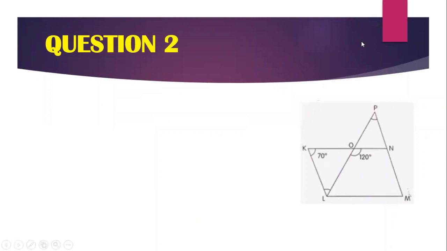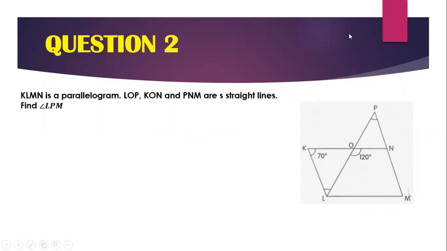Okay, now we go to the next question. Question 2. Look at the diagram. K, L, M, and T. The question is, KLMN is a parallelogram. This one is a parallelogram, right?